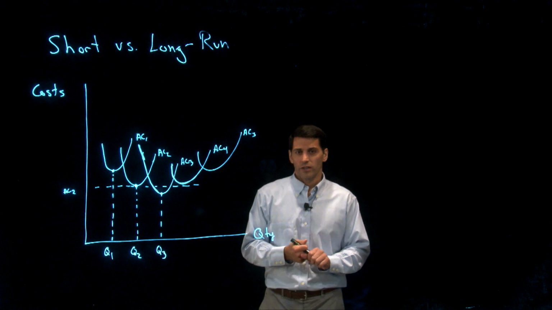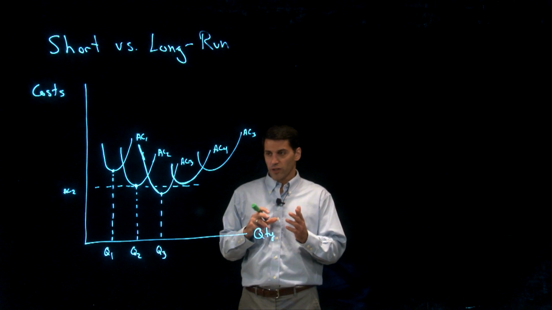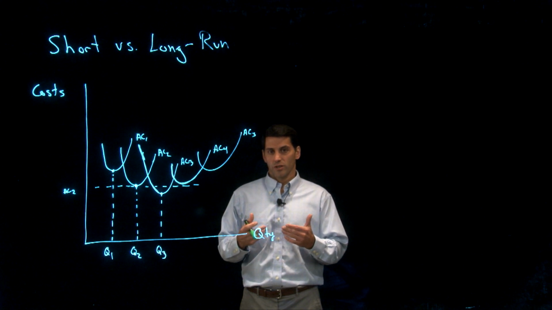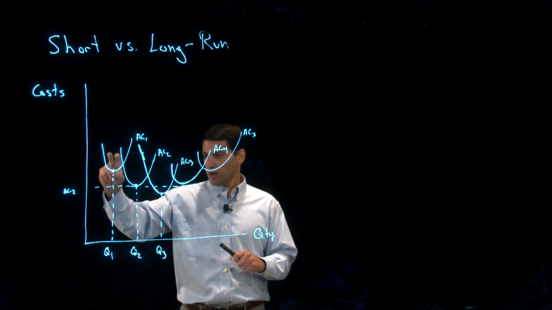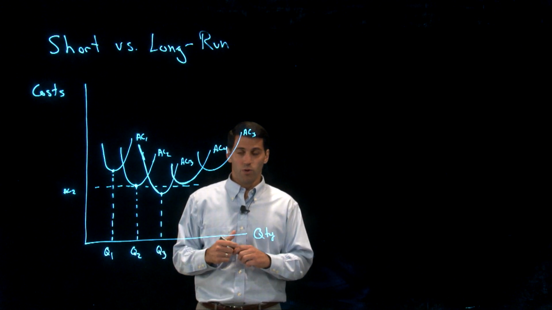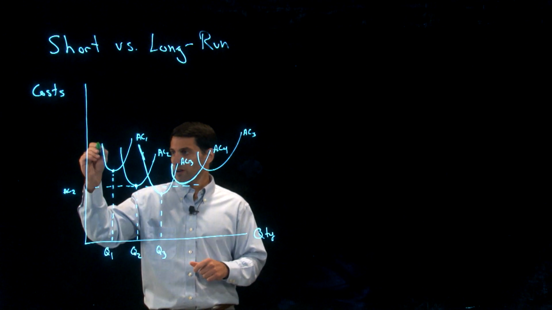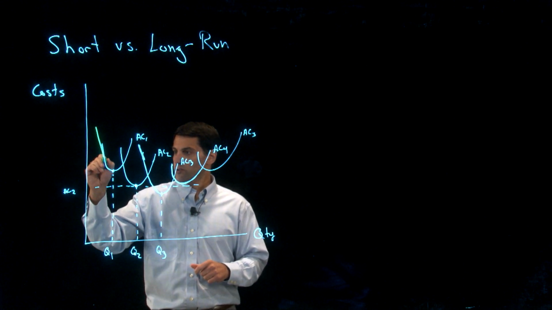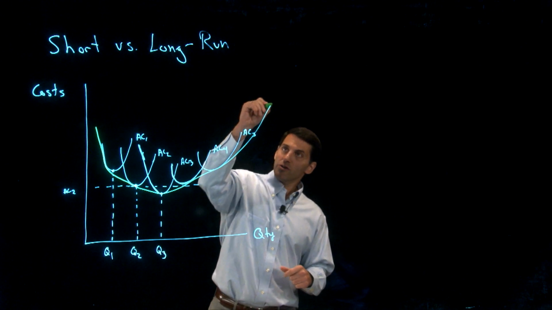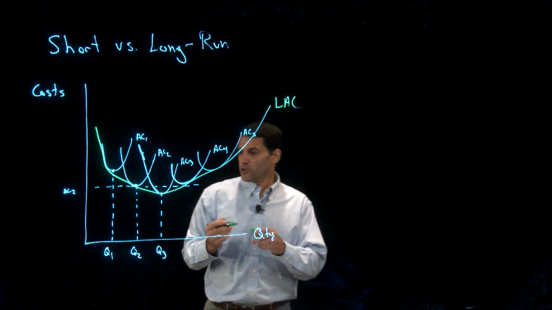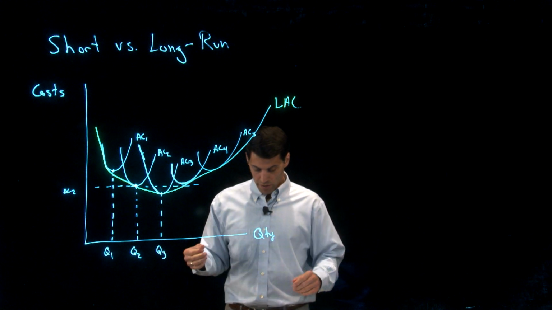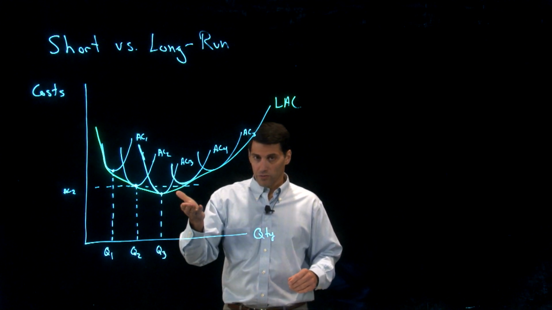And so that's how we start to get this notion that in the long run, depending on what quantity we want to make, that determines the combination of pizza ovens and workers that we'll want to use. When we're looking at the long run average cost curve, we often use the term lower envelope. Really what we're saying is that if you trace this out, the long run average cost curve traces out all of the short run average cost curves running through their low points, their minimums.